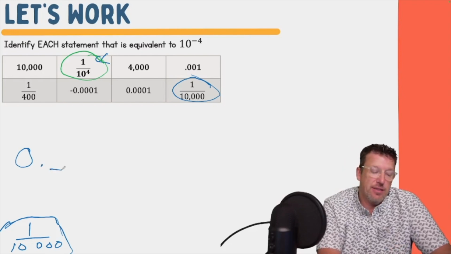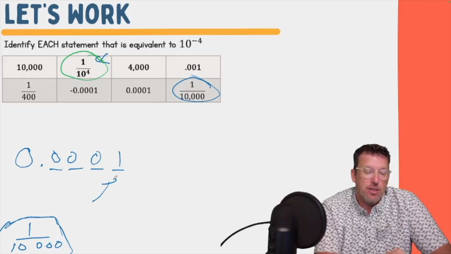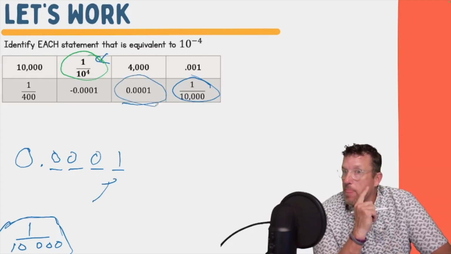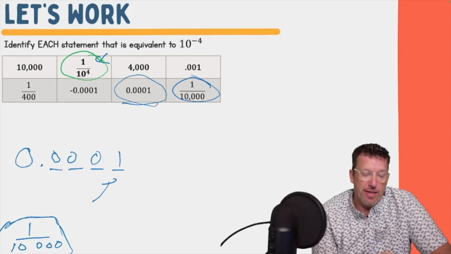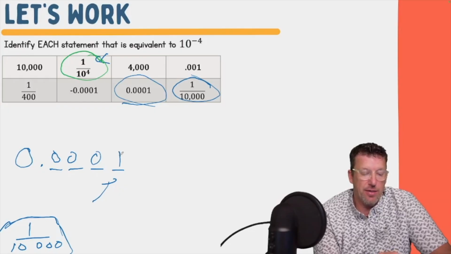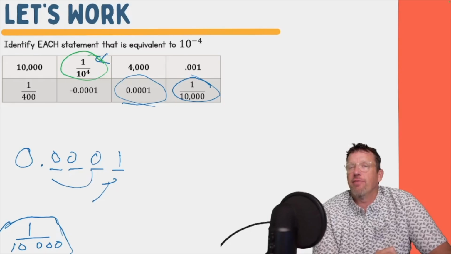Well, this is tenths, hundredths, thousandths, 10,000ths. 0, 0, 0, 1. Because that is the 10,000th place. So where do we see that up there? Right here. And also remember that when you have 1/10,000th, it's 1 less 0. Remember that pattern you found? So 1/10,000th is the 1 at the end with 3 zeros in front of it instead of the 4. Okay, you're just not going to use that 4th one.